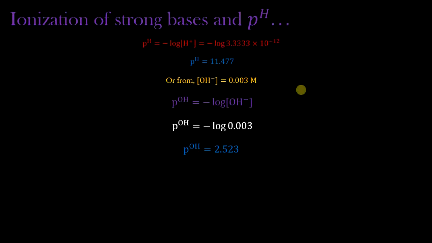Then after obtaining pOH, we simply substitute in our equation that pH plus pOH is equal to 14.